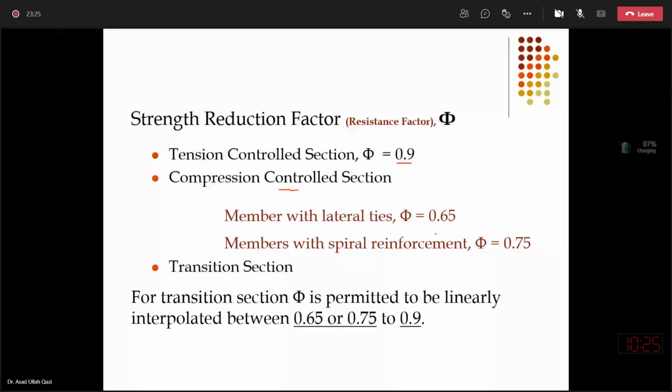In columns, which will be our topic in next semester, in some cases we will be having compression members which are confined by spirals, continuous helically wound spiral steel. So in such case, ductility will be better than discrete rings, ties, which are enveloping the longitudinal bars.